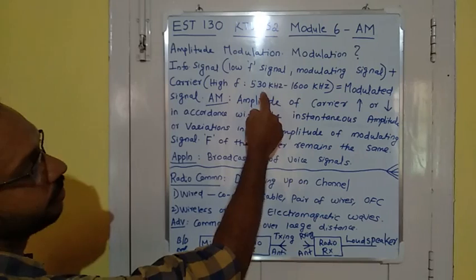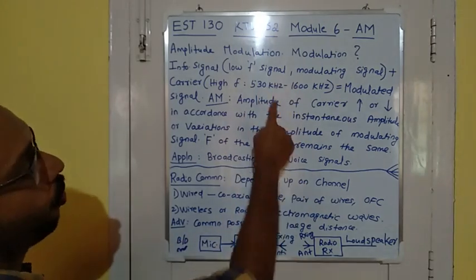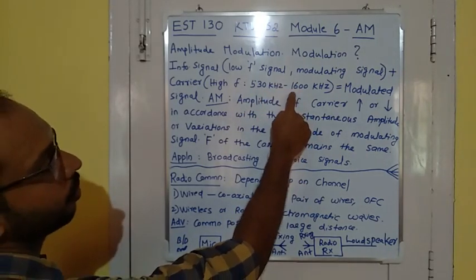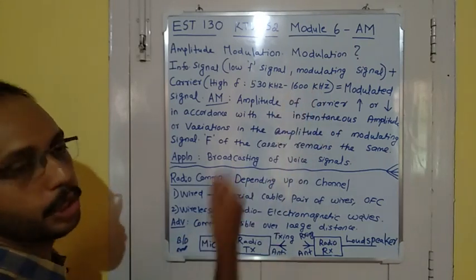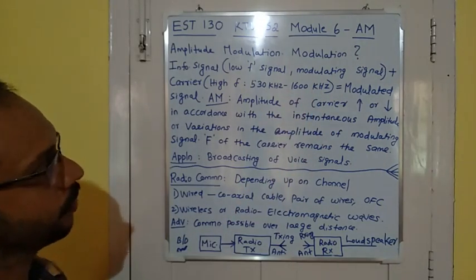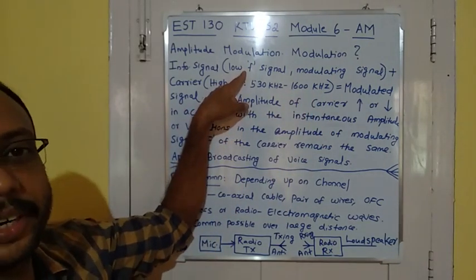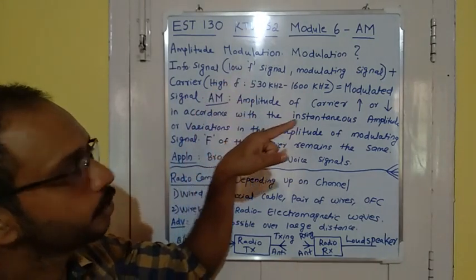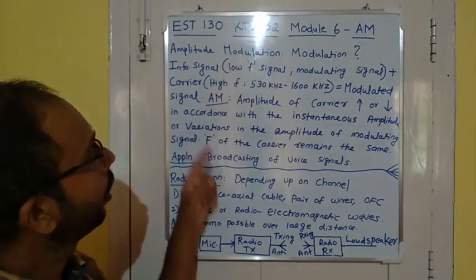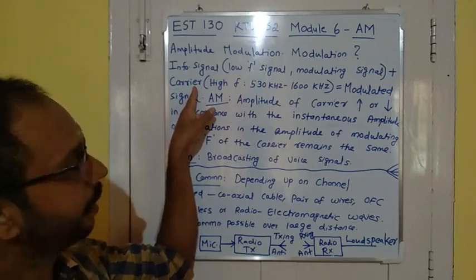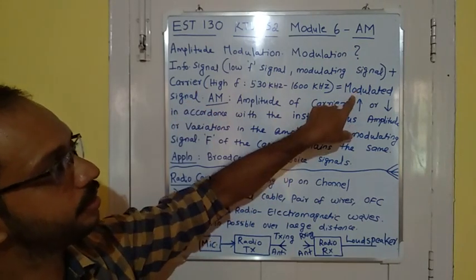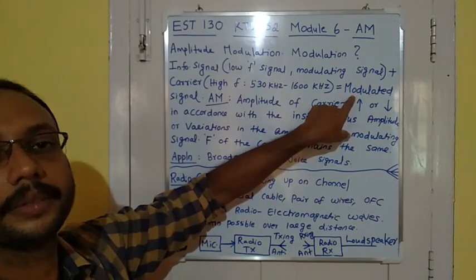The frequency range of the carrier signal is 530 kHz to 1600 kHz. So the low frequency signal superimposed onto a high frequency carrier gives the modulated signal.